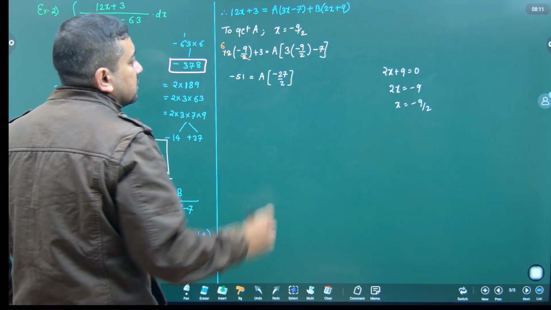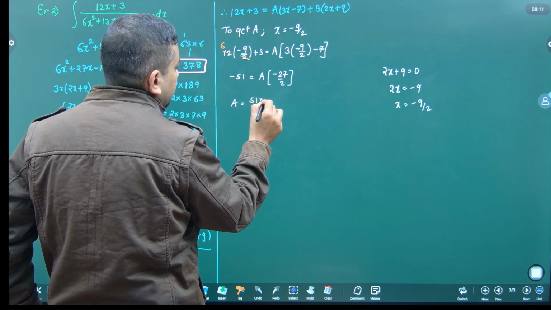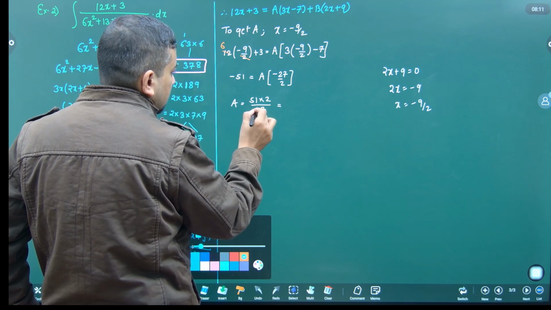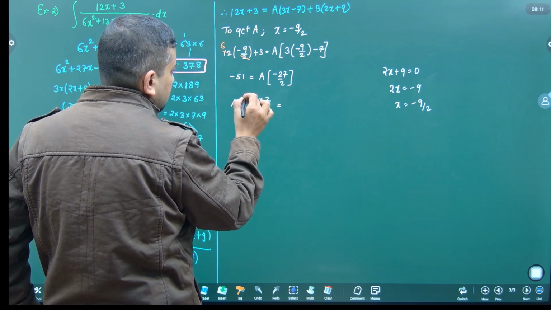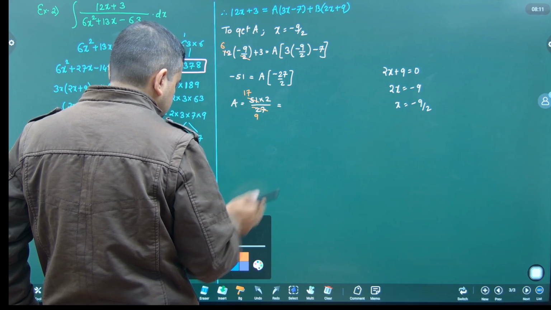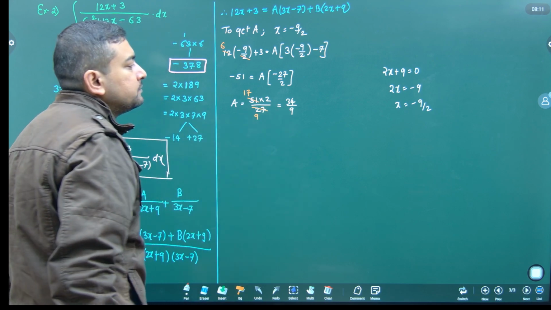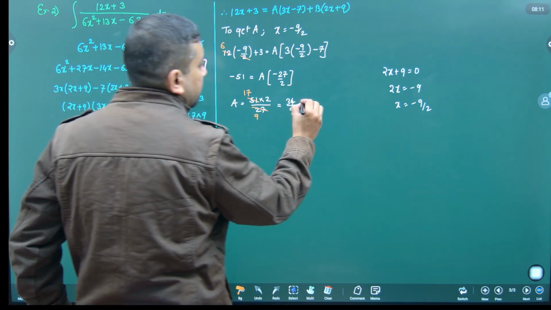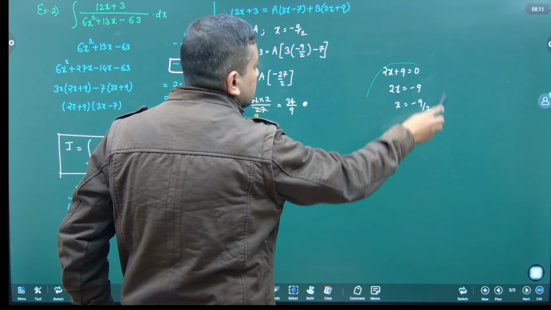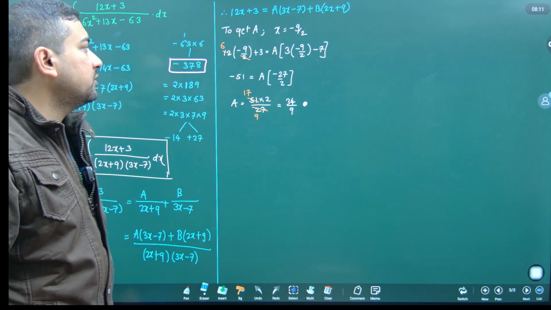So what will be A? Minus minus will get cancelled. A will be 51 by 2 upon 27, so it is 34 by 9. Is it correct? What is the value of A? 34 by 9. Correct. Now let us find out the value of B. How will you get the value of B now?